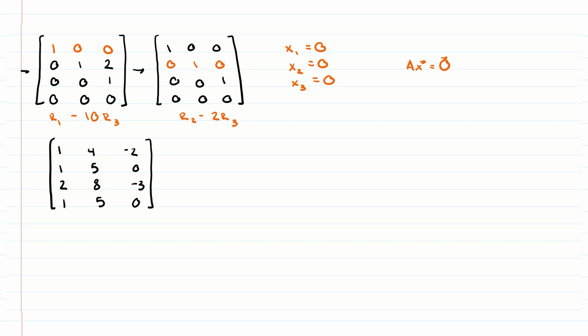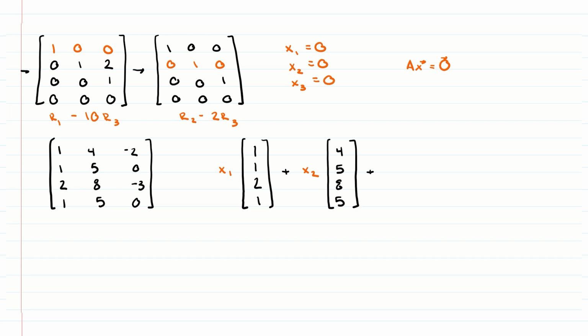Right, so this was our original matrix, and we're going to break it down to x sub 1 times the first column plus x sub 2 times our second column plus x sub 3 times our third column. And this is going to be equal to a 0 vector.